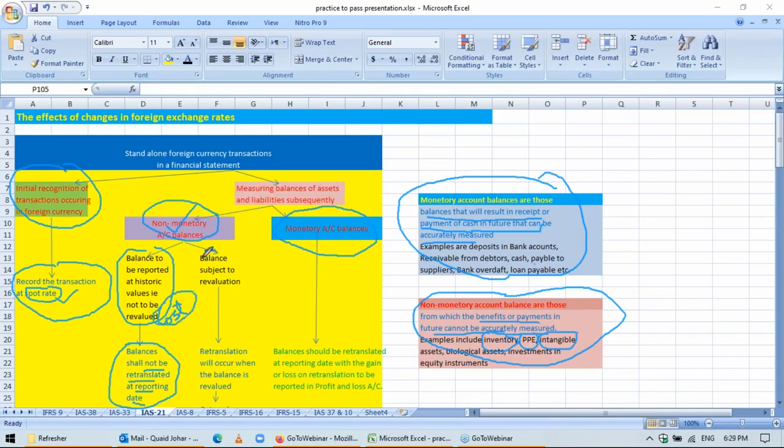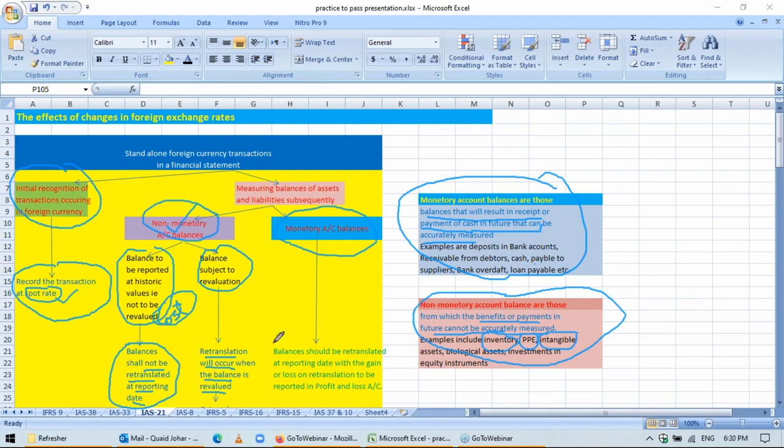But if you are using the revaluation model, then you will be retranslating. You will have to retranslate it because if the building is in the US, then the fair value will also be in US dollars. And when the building gets revalued, the dollar value you will be getting from the US, you will have to convert it into rupees.